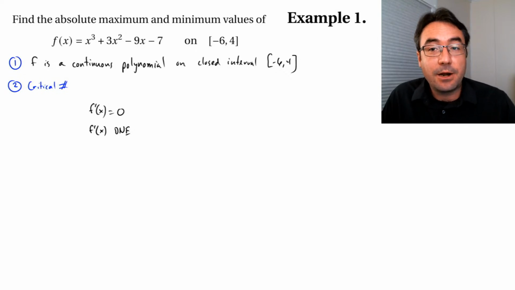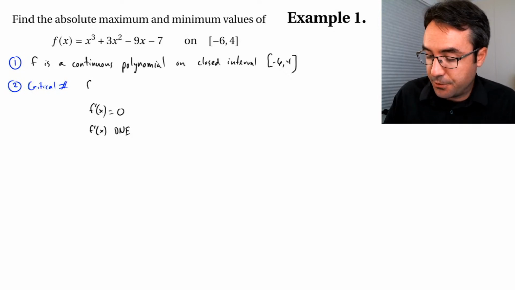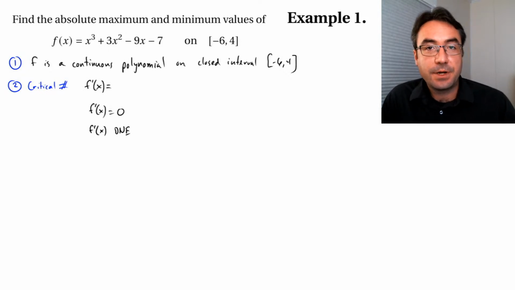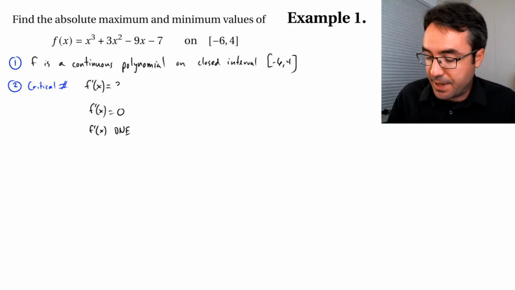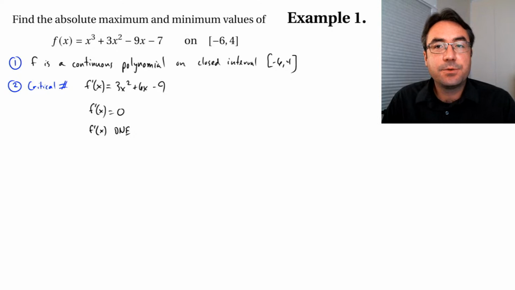So let's actually calculate the derivative. If we differentiate this polynomial, it's 3x squared plus 6x minus 9. And we're going to set this equal to 0 and solve for x.